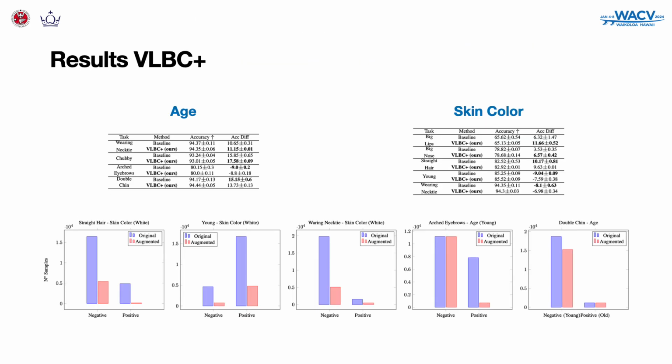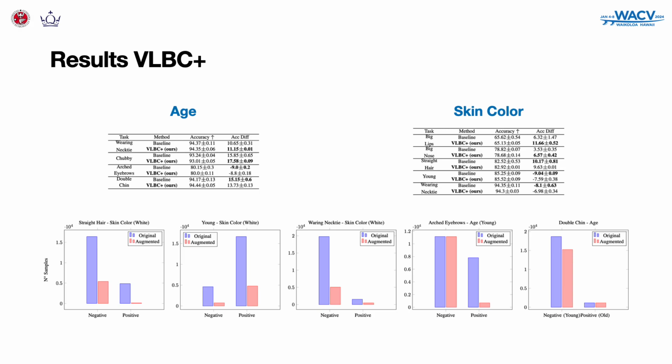In contrast to existing works, the flexibility of the proposed pipeline allows us to increase biases by augmenting toward the majority protected group. This behavior may be required if specific augmentations are required. However, we note that applying this approach to socially sensitive protected attributes should be avoided. We may see how the proposed method is capable of increasing biases in four settings. VLBC Plus fails in specific scenarios where not enough images are available for augmentation.